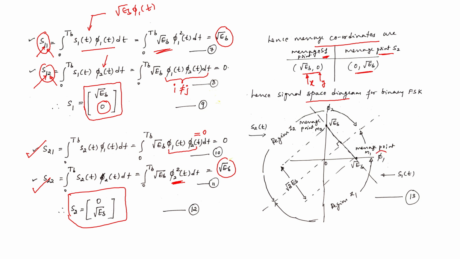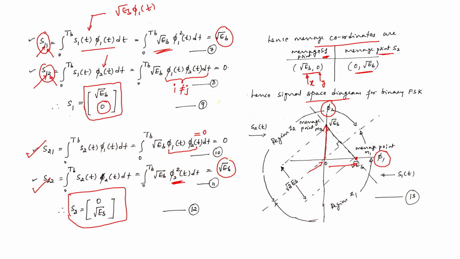So let us write the orthonormal basis functions as shown here on the X axis and Y axis. This is the origin. The first message point, that is S1, is given by square root of Eb and 0. So on the X axis move towards square root of Eb, and on the Y axis it is 0. Similarly for message point S2, that is M2, it is 0 and square root of Eb, so move towards the Y axis.